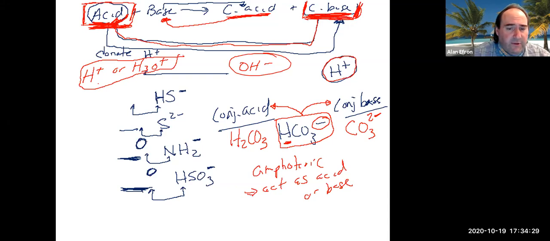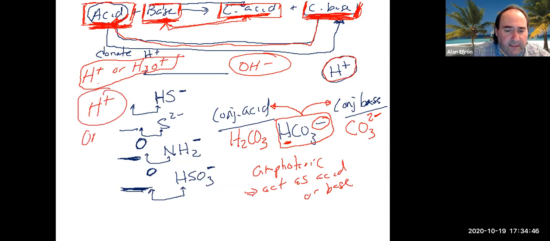Just like the base on one side is related to the conjugate acid on the other side. The relationship between these, as we talked about last time, is simply an H plus, and it's one H plus only. The difference between an acid and its conjugate base, or a base and its conjugate acid, is just one H plus, and it can only be one H plus at a time.